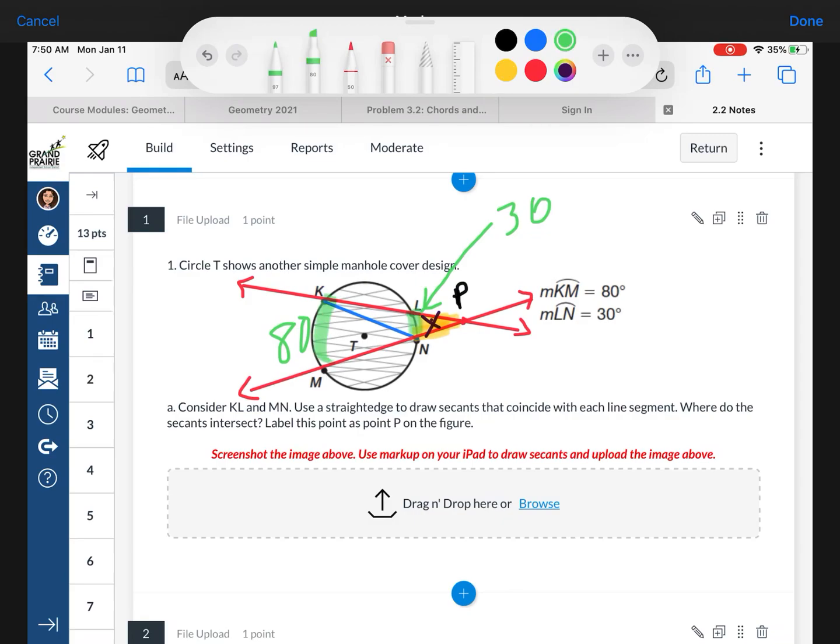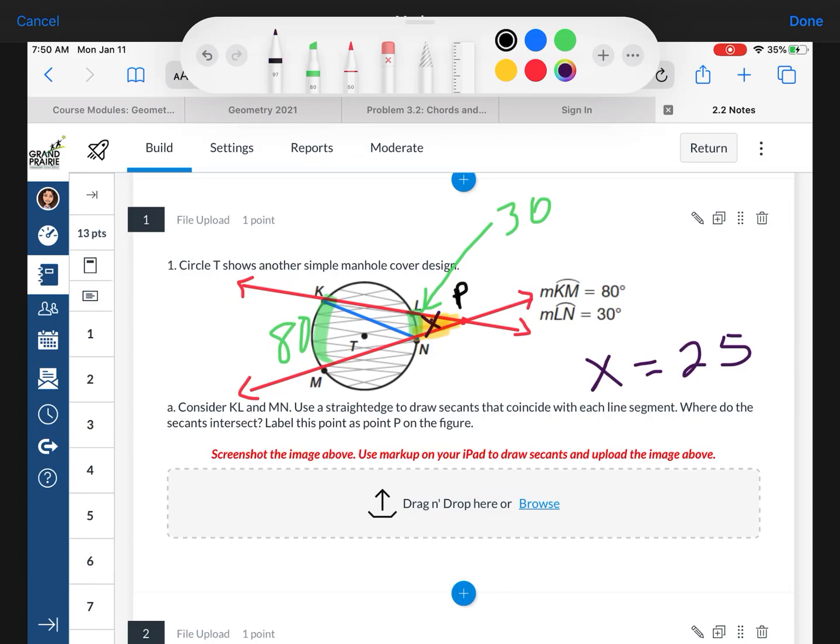So this arc and this arc, one was 80, the other one was 30. The final answer, we said that the angle here was 25. So do you see a relationship between 80, 30, and 25? What do you think? Pause this video and see if you can figure it out.